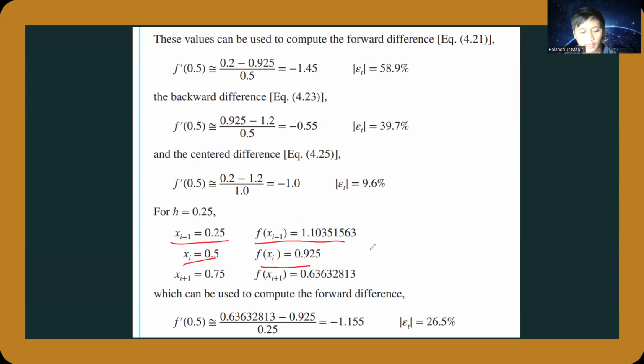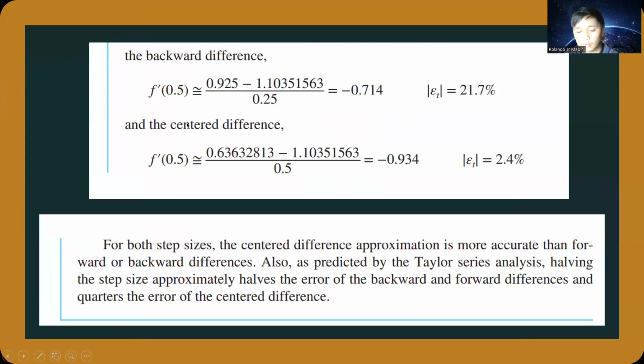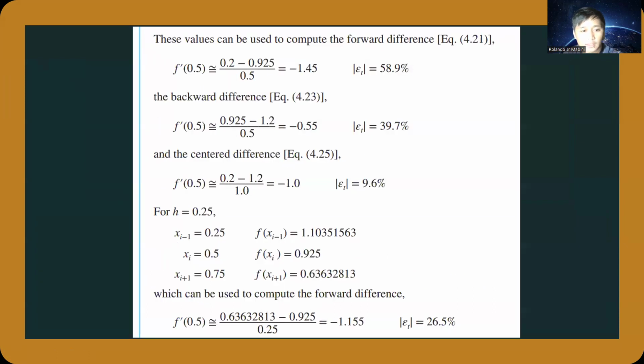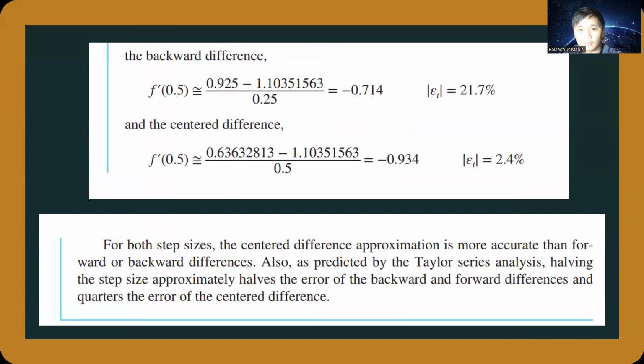So I will just copy these calculated values here for the solving of the Richardson extrapolation. So this is the backward difference and the center difference for h equal to 0.25.